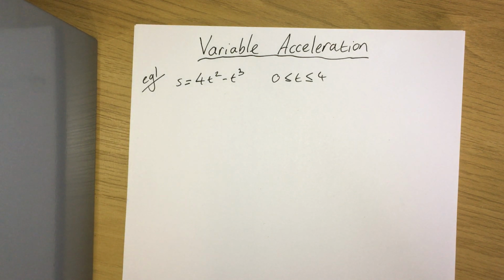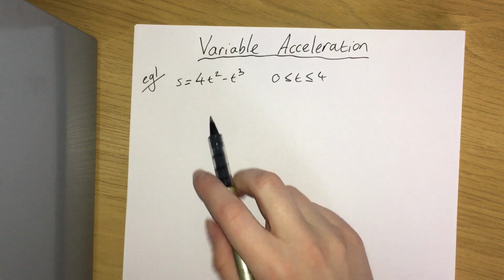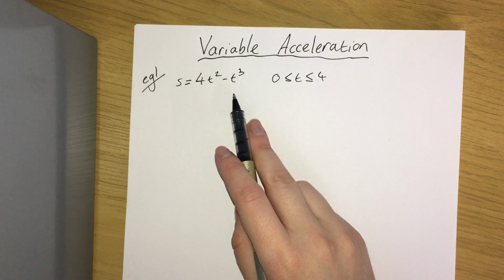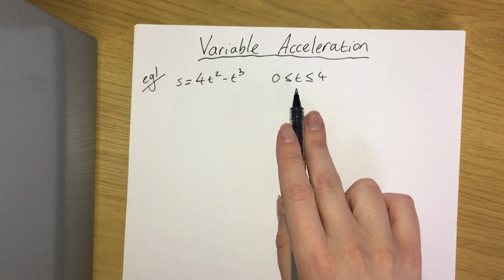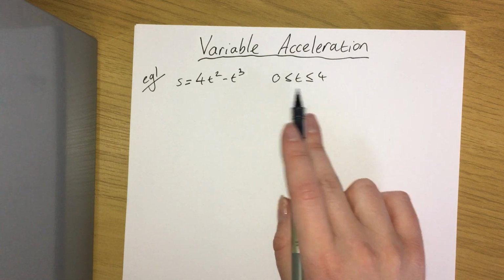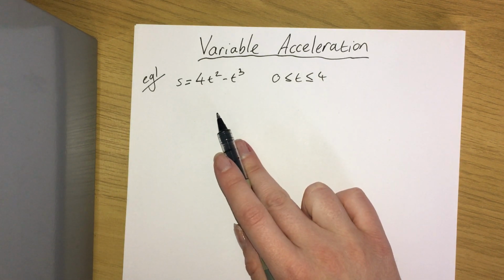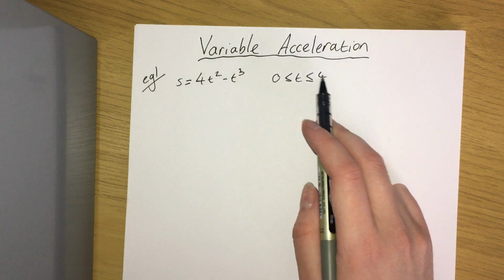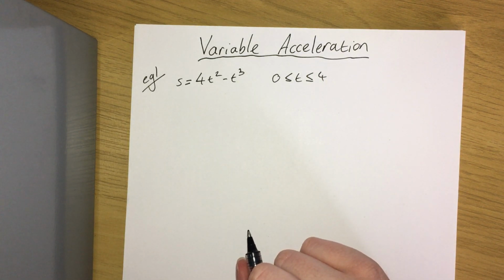The distance s metres from the start of the track at time t seconds is modelled by s equals 4t squared minus t cubed, where t is between 0 and 4, including 0 and 4. Explain the restriction that t is greater than or equal to 0 and less than or equal to 4.